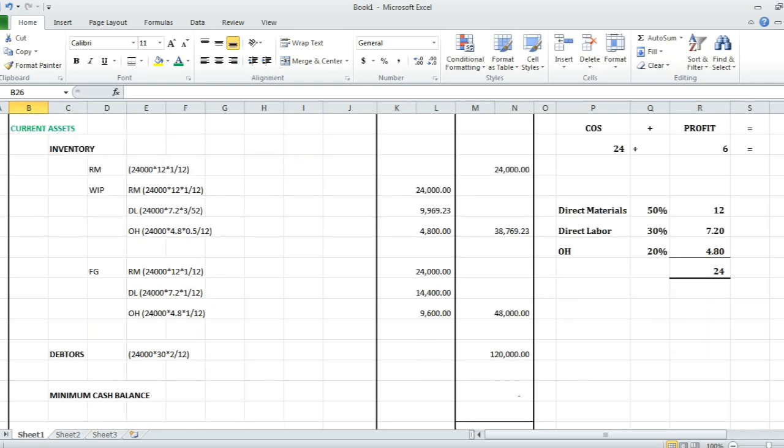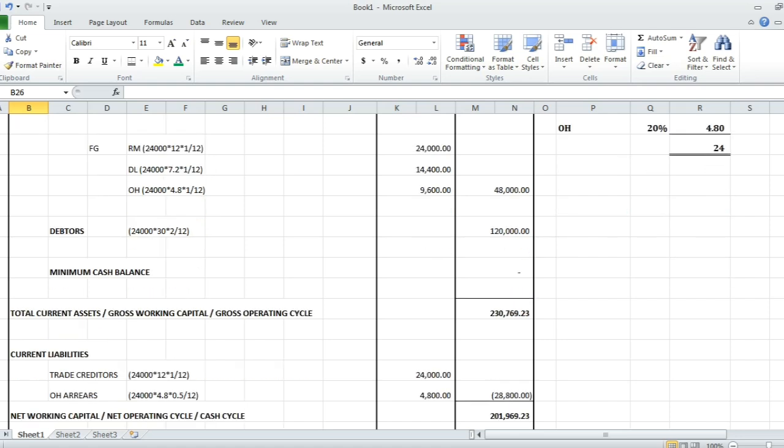And direct labor 24,000 production units, 7.2 direct labor cost per unit into 1 month, 14,400. And overhead value 24,000 production units into 4.8 rupees overhead cost per unit into 1 month period, 9,600 rupees. So total value of the finished goods is 48,000.